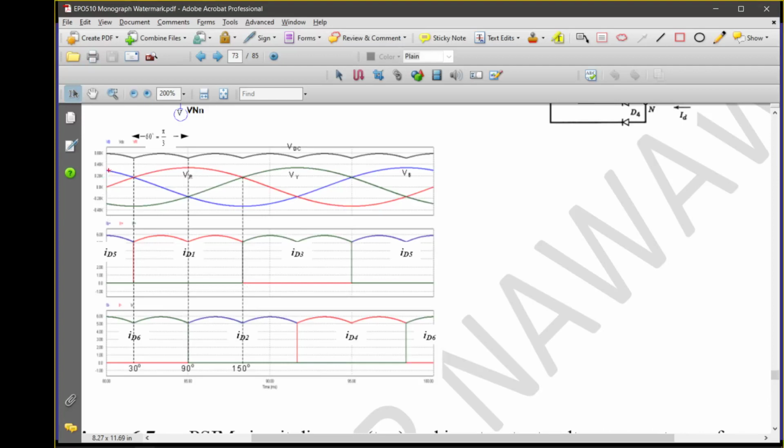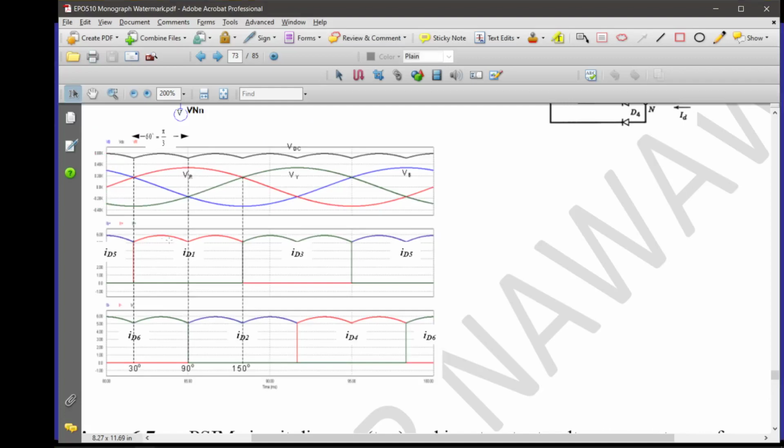So the voltage VDC equals VPN minus VNN. So this is VPN minus that voltage, so you get more. That will be your VDC. VPN minus, this is a negative value, so minus becomes plus. So that's why you have this VDC.